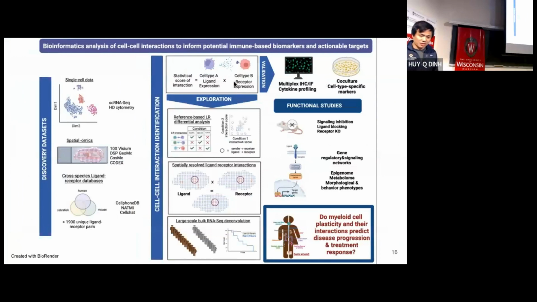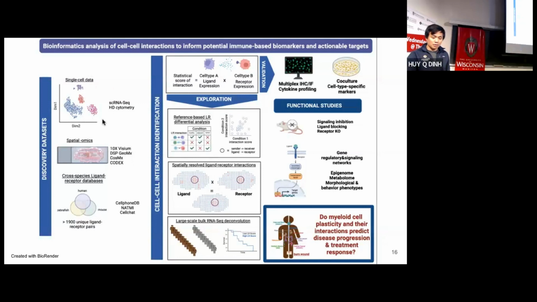So in our lab, after we identify this, my bioinformatics students usually go this way. They take another dataset and ask if the ligand receptor interactions are specific in one condition, for instance, healthy versus normal or tumor here. They also incorporate both of the data, asking if the ligand receptor is in the same position in the tissues.